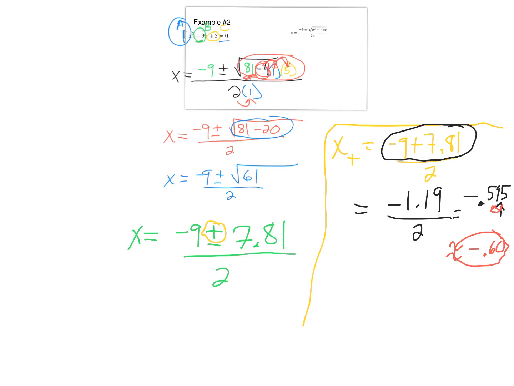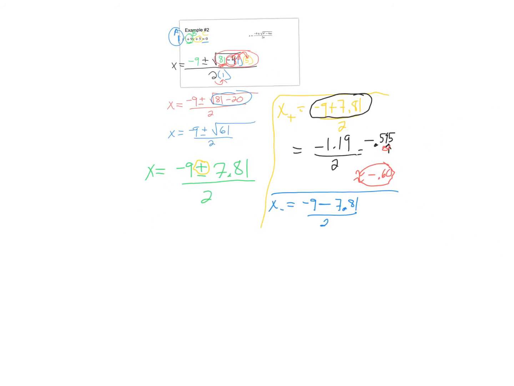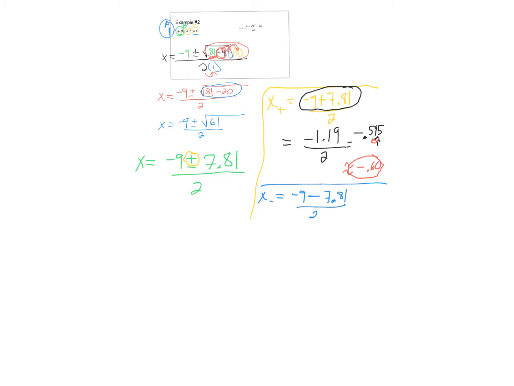Now, let's do the negative side of this. So the x negative says we're going to do -9 minus 7.81 divided by 2. All right, I got to scooch this. Okay.